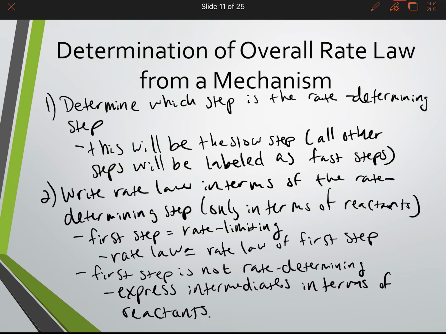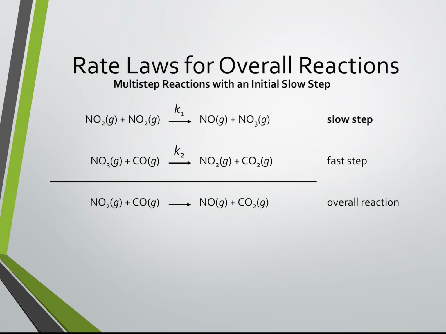Okay, so here we have a multi-step reaction with an initial slow step. So since our slow step is our first step, really easy. We're just going to write our rate law for this step. So the rate law for our first step is rate is equal to K1 times the concentration of our reactants, which is NO2 squared, because there's two NO2s.